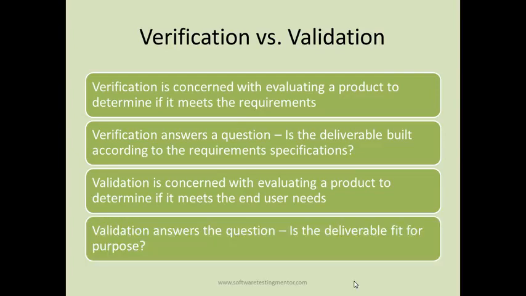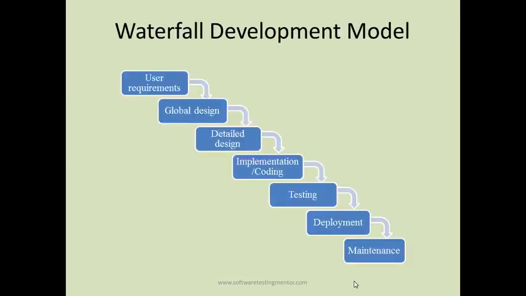So validation answers the question, is the deliverable fit for purpose? Okay. So validation checks whether the software that is being delivered is fit for use or not, whether it's easy to use or not. So validation is concerned whether a deliverable is fit for purpose.